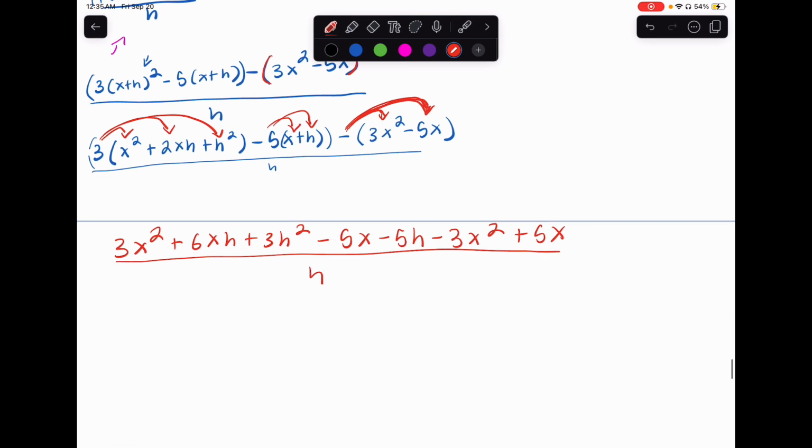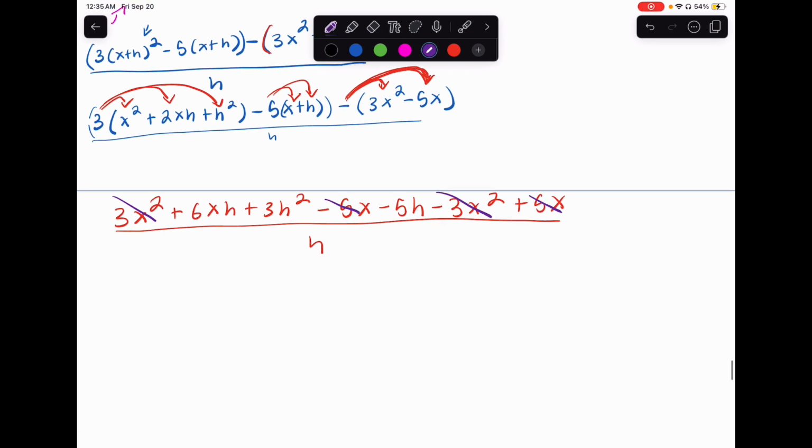Now we can start canceling like things out. We have a positive 3x squared, which cancels with the negative 3x squared. We have a negative 5x, which cancels with the 5x. Then we can write out our remaining terms: 6xh plus 3h squared minus 5h, over h.